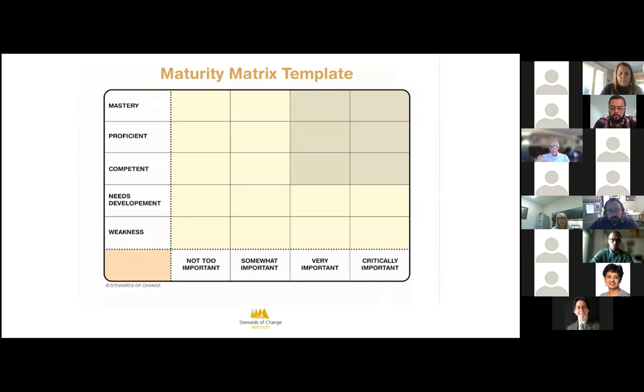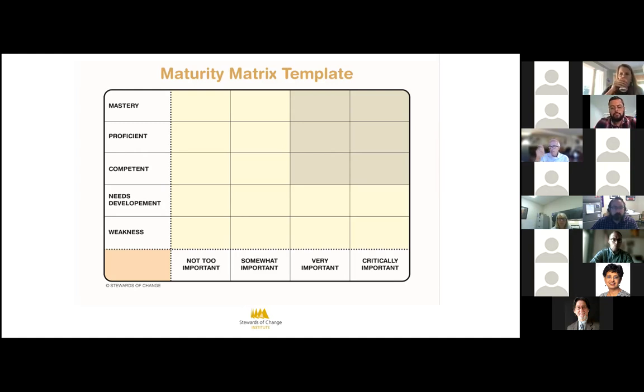So if you think about each of those 10 drivers and you assess them on these criteria in terms of its level of importance, somewhat important, very important, critically important, and the level of maturity around that, using the rubric, you can actually place that driver in one of the quadrants.